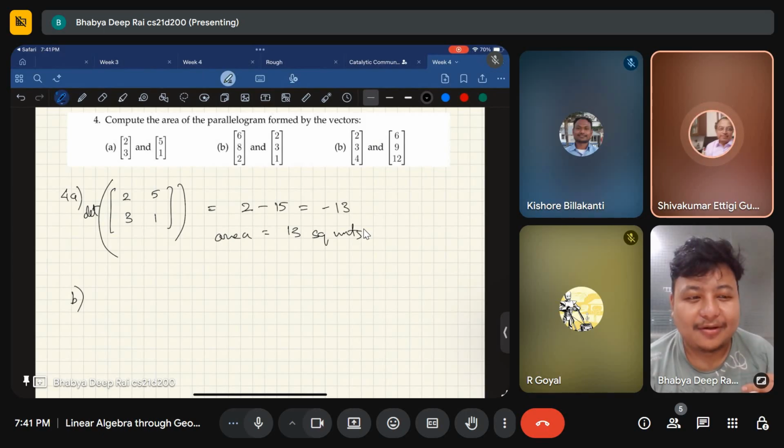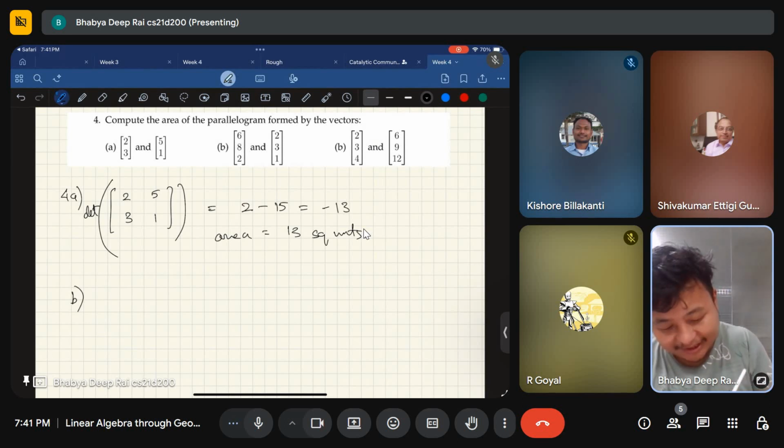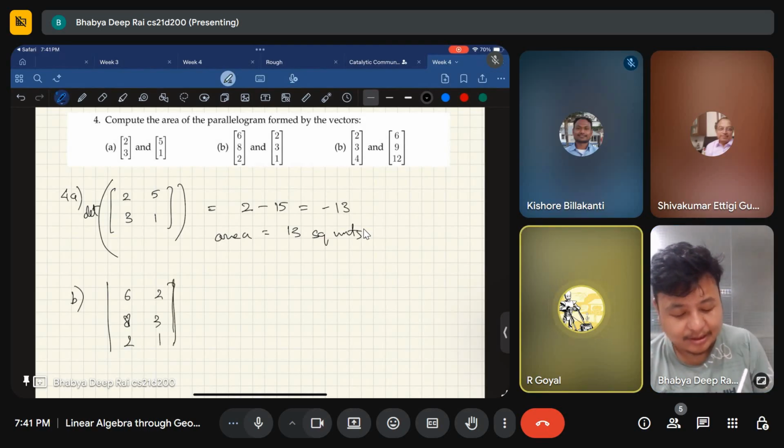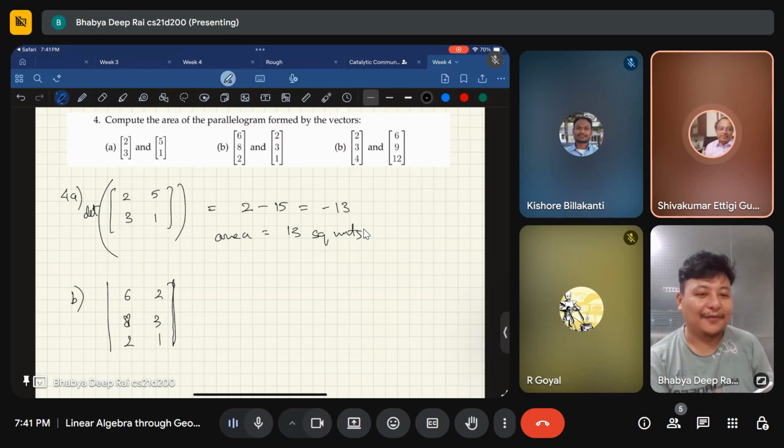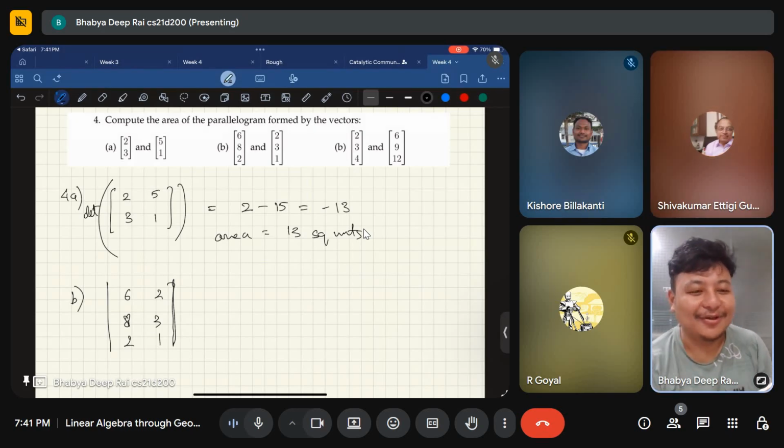You are in a way doing a determinant only here. If I add i, j, k, I can do a determinant. That's right. Otherwise, like you said, we can do a cross product.